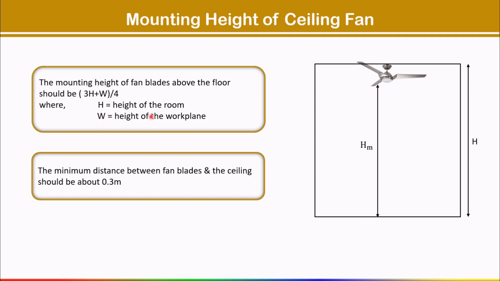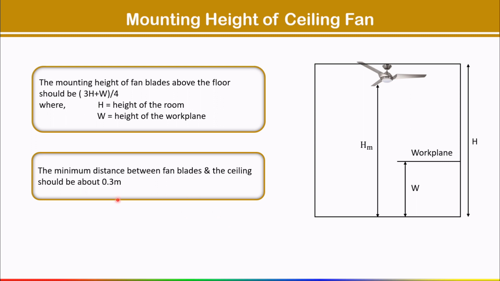Here H is the height of the room, the total height of the room. Capital W is the height of the work plane, the plane in which you are doing some work. Suppose here we have a work plane, and its height is given as capital W. So you will find the mounting height by using this formula. In this way you have to find out the mounting height of the fan blade.